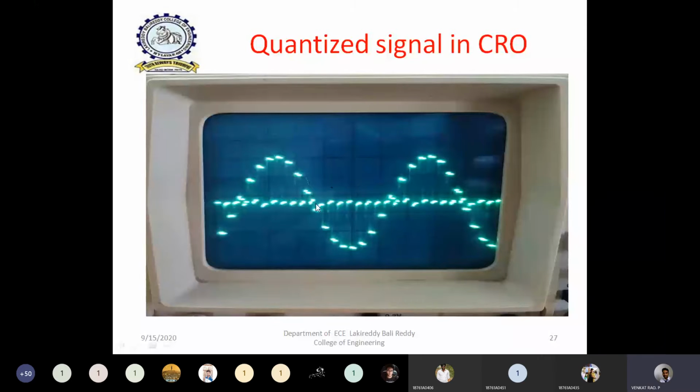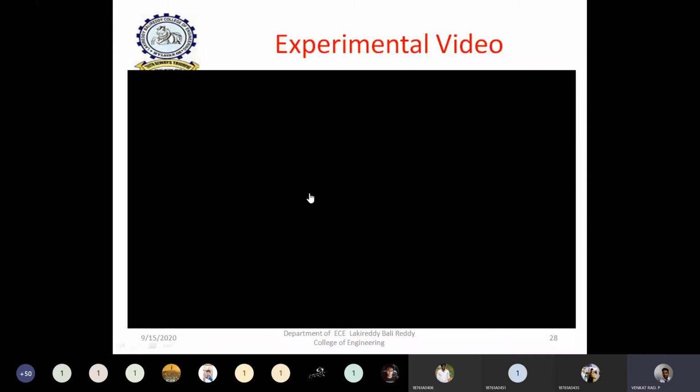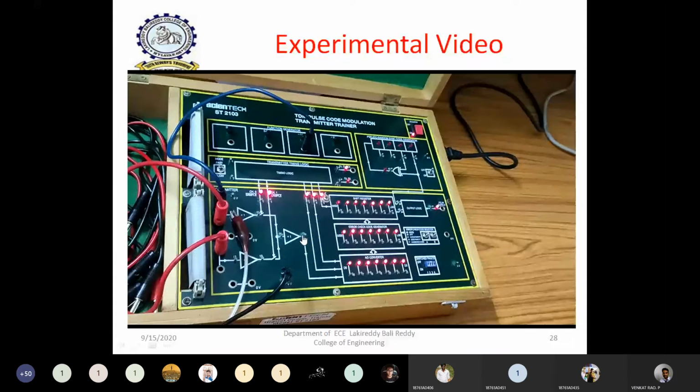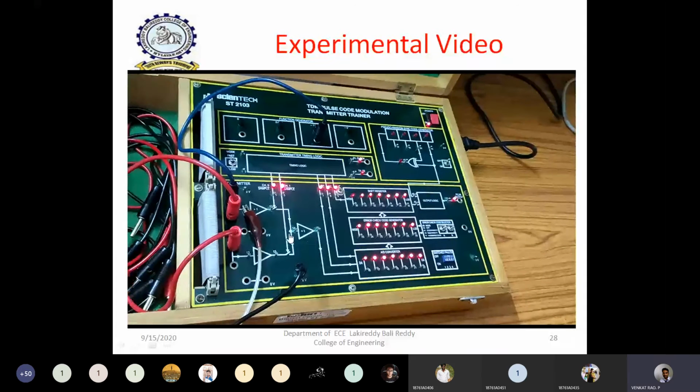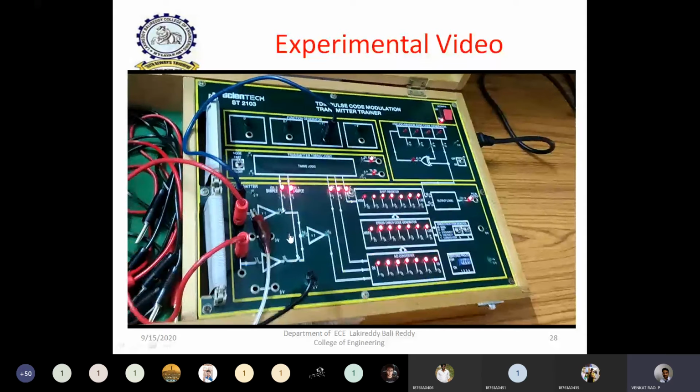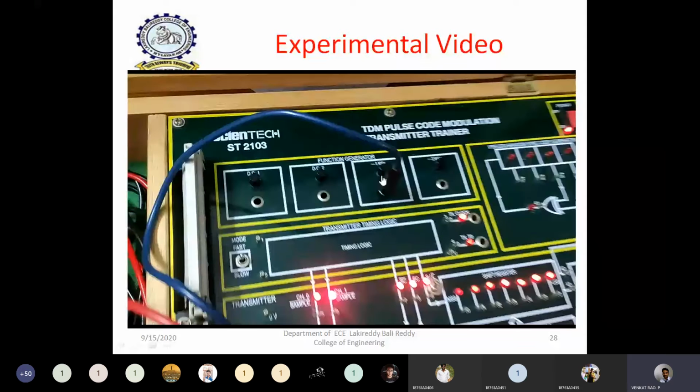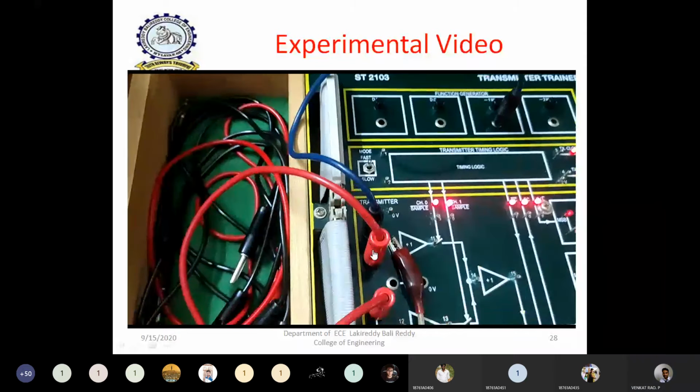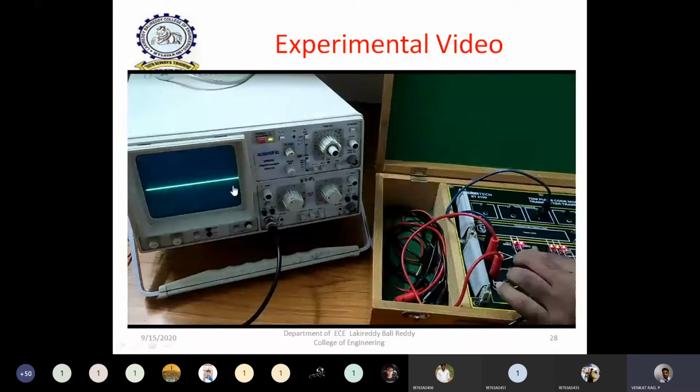Then, if you observe the PCM output finally, here there is a different procedure we are going to use to observe the PCM output. So all of you carefully observe this. Here we have to consider any one of the input signals. Let us take the 1 kHz sine wave, and that 1 kHz sine wave is connected to here. If you observe that in the CRO, that is the sine wave with some amplitude and frequency.